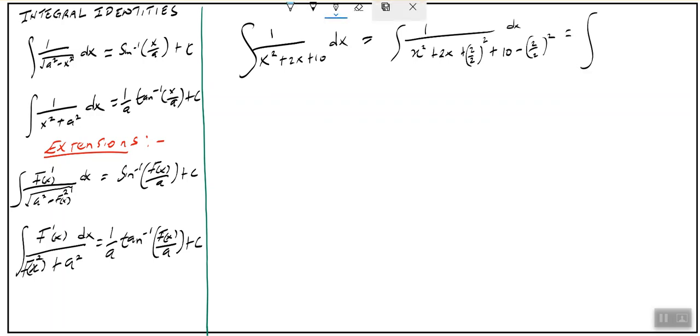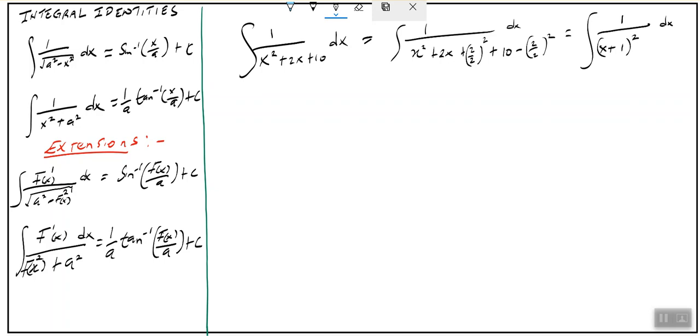Now, this whole portion is x squared plus 2x plus 1, because 2 divided by 2 is 1, and 1 squared is 1. X squared plus 2x plus 1 is a perfect square, x plus 1 squared.